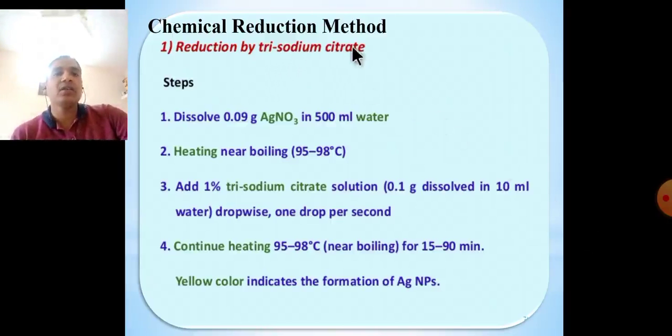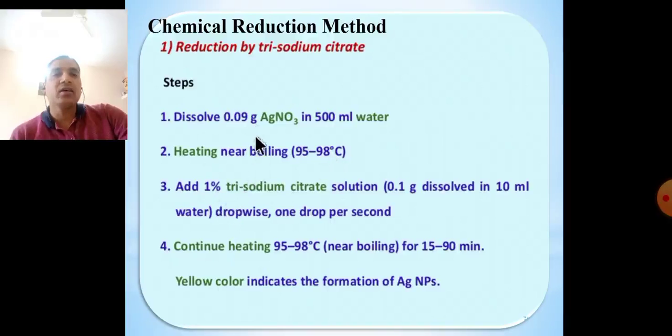Second, chemical reduction method, reduction by adding trisodium citrate. Step first, dissolve silver nitrate AgNO3 in 500 ml water, heating near boiling, 95 to 98 degrees Celsius.